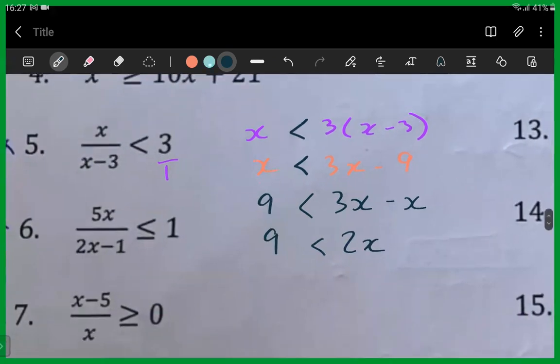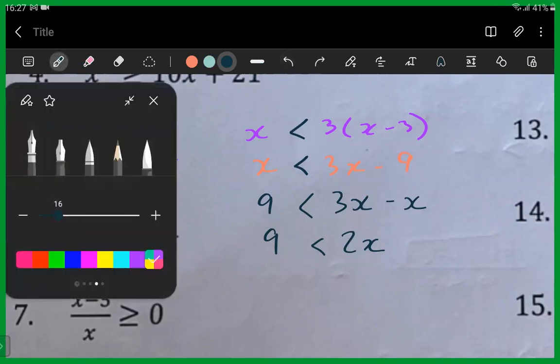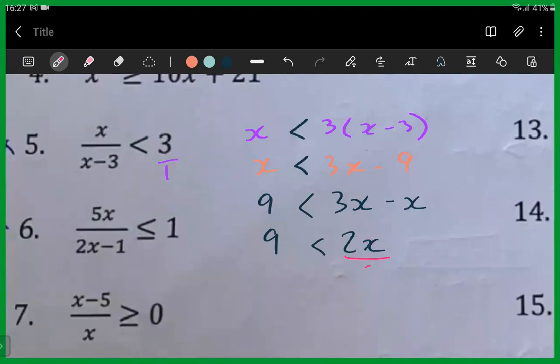And then since you're dividing by a positive number, you have no issues. Divide by 2, divide by 2, you have 9 over 2. You see it?